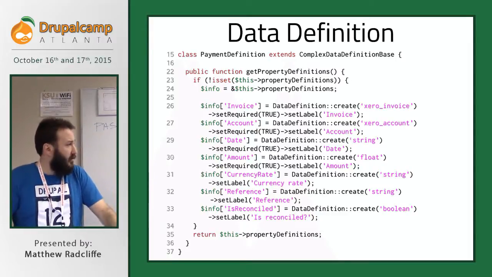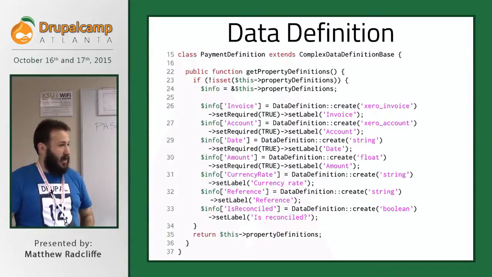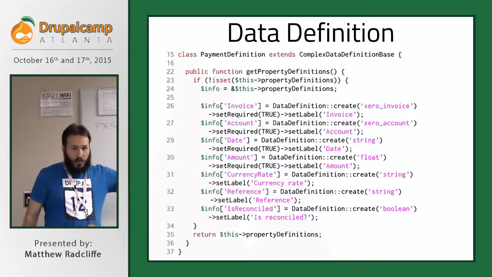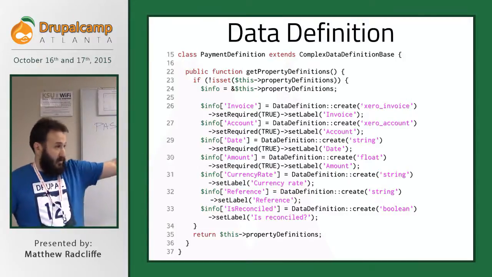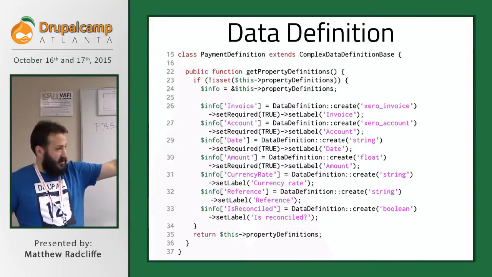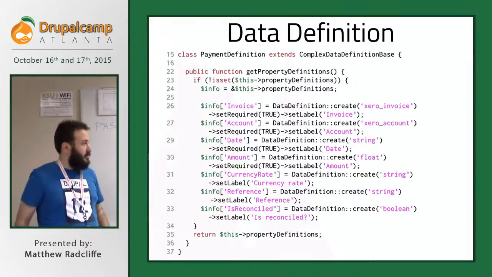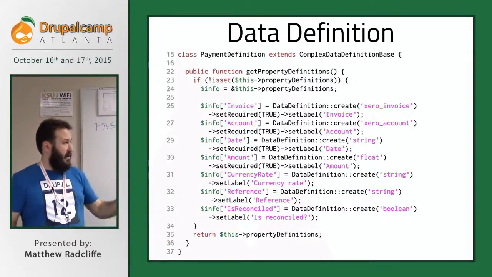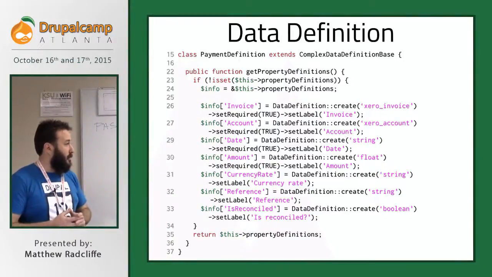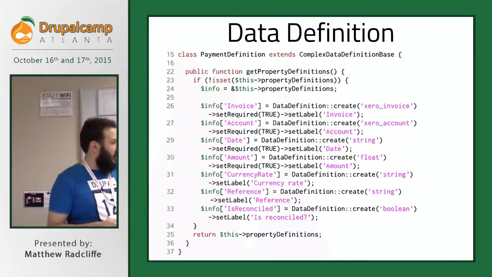So what I'm doing here is describing a payment in Xero, and a payment can have an invoice, which is also a composite data type. I can get the definition for an invoice by calling the static create method and giving the type, and then I can chain that and set, say, an invoice as required on a payment. I can create simple things like dates, strings, or use floats for the amount.